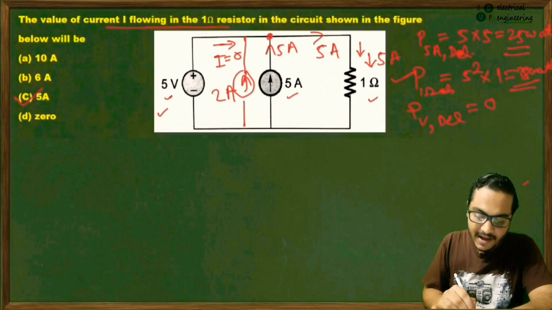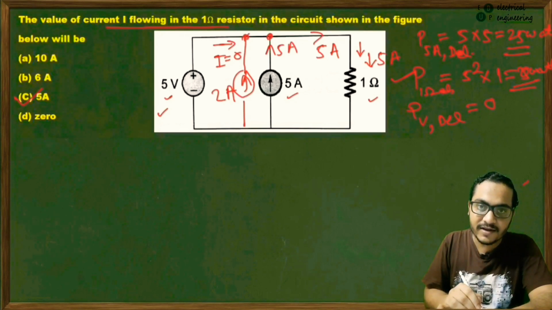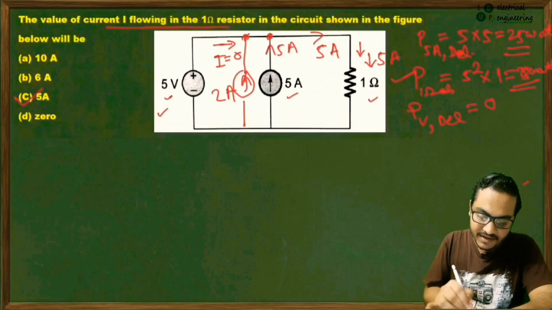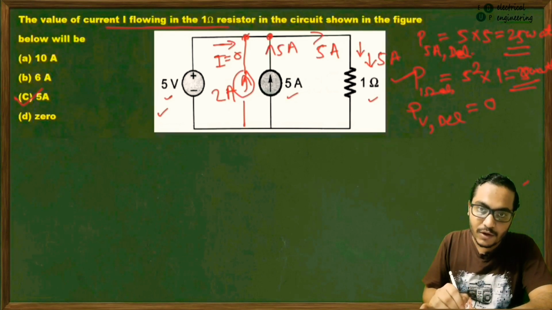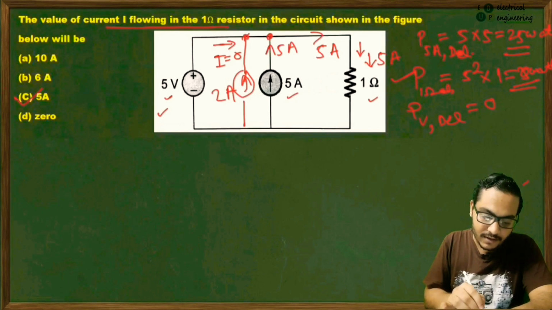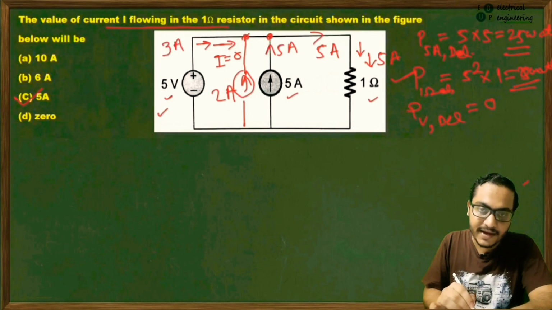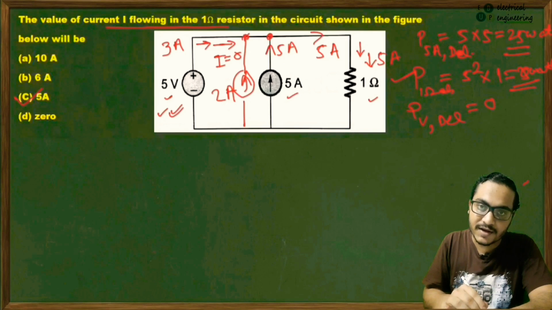By applying KCL to this node, the rest of the current, 5 minus 2 equals 3 ampere, will be flowing through this branch. That means the current supplied by this voltage source will be 3 ampere.